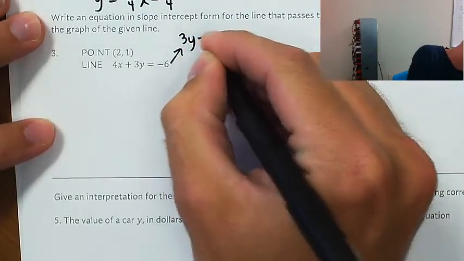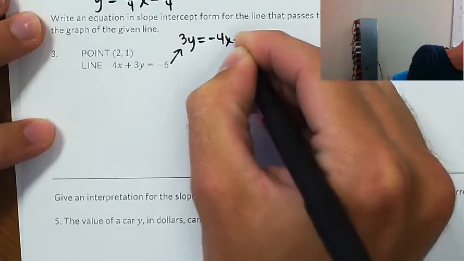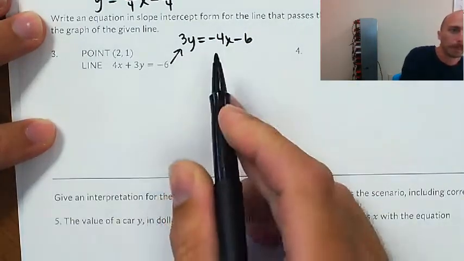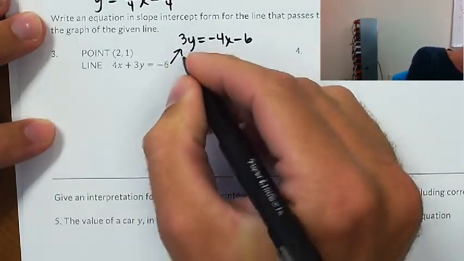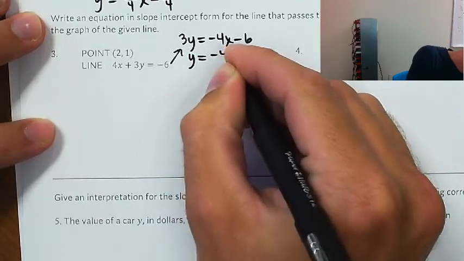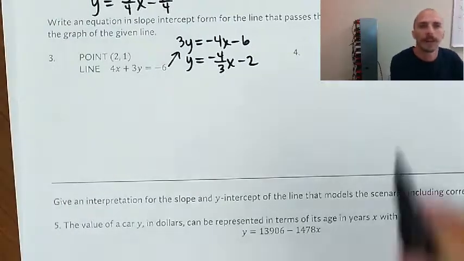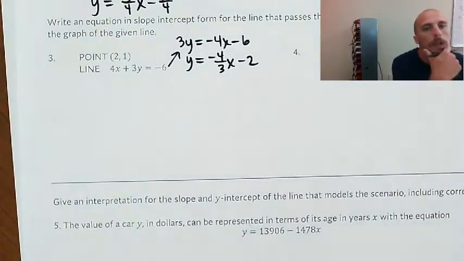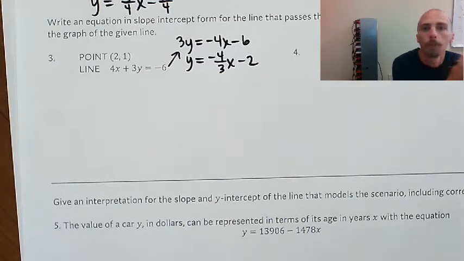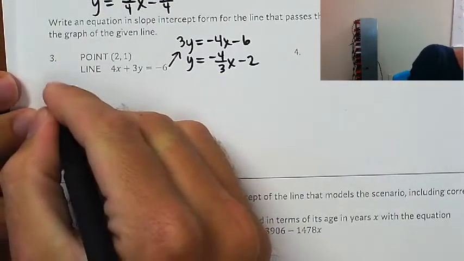So 3y equals negative 4x minus 6. Okay. I'm going to divide everything by 3. And I'll get y equals negative 4/3 x minus 2. Now at this point, slope. Okay, got a point.